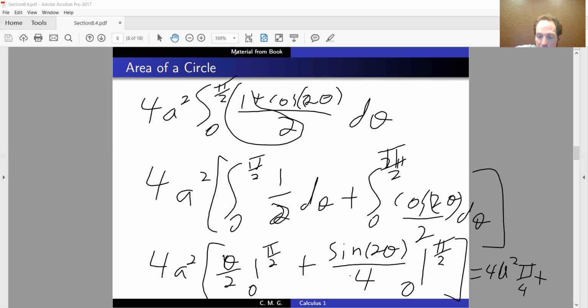The sine of pi is 0, and the sine of 0 is 0. That actually is not in there anymore. And what do I get? I cancel my 4s. This whole thing is equal to pi r squared, pi a squared in this case, right? So that's great news. That means we did it right. We got something that we expected to get out of that.